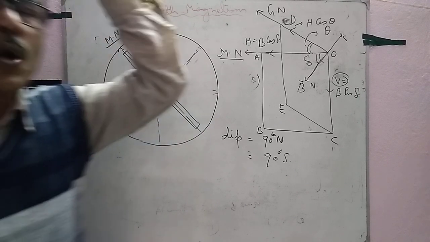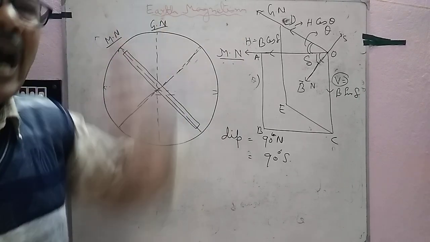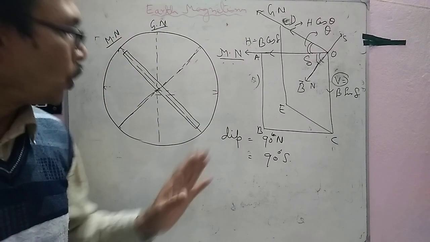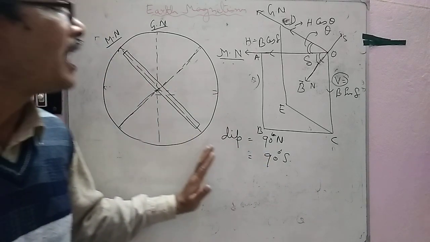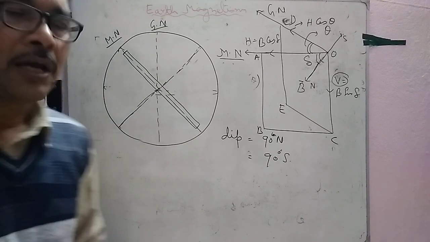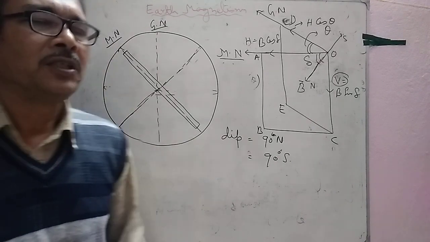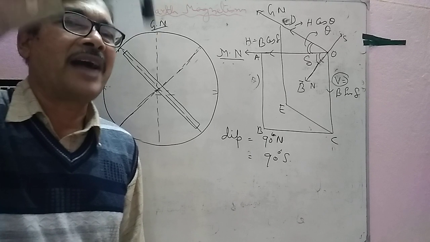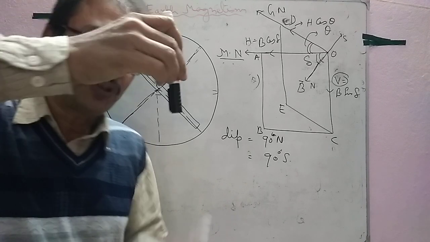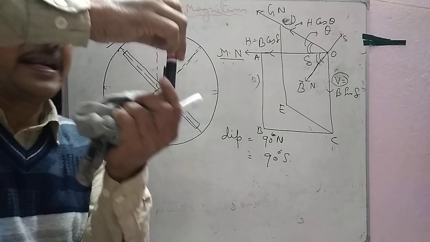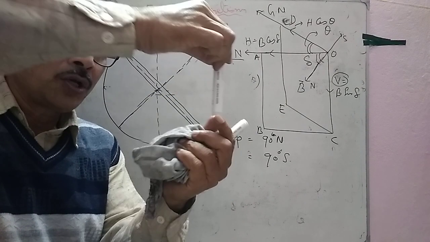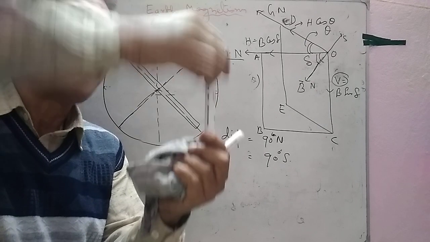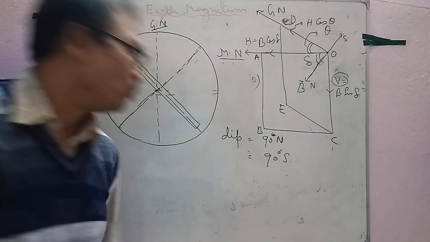So what is the value of angle of dip or angle of inclination at the north pole of the earth? That is 90 degree N, and at the south pole of the earth 90 degree S, because at north pole the magnet will be in its vertical position and north pole is downward, and at south pole of earth the magnet will also be vertical magnetic axis and south pole is downward.